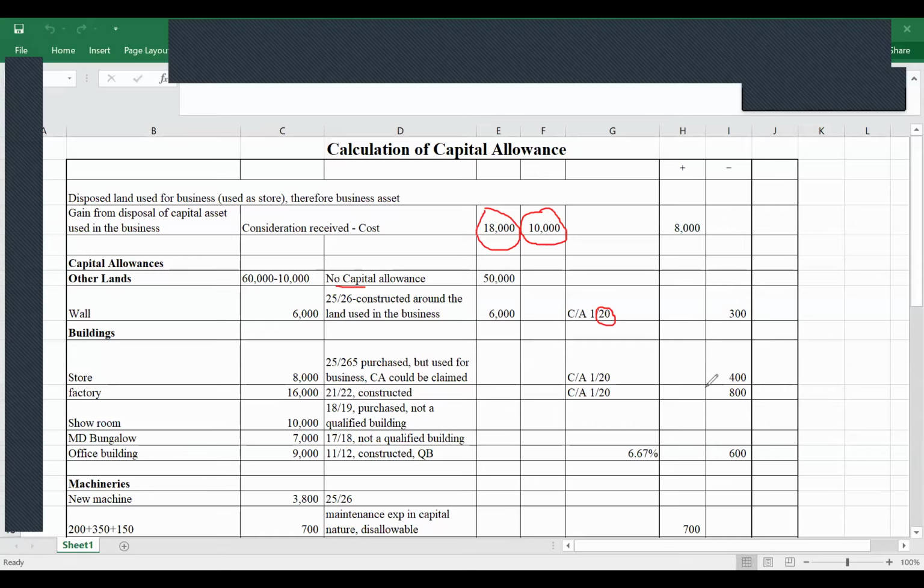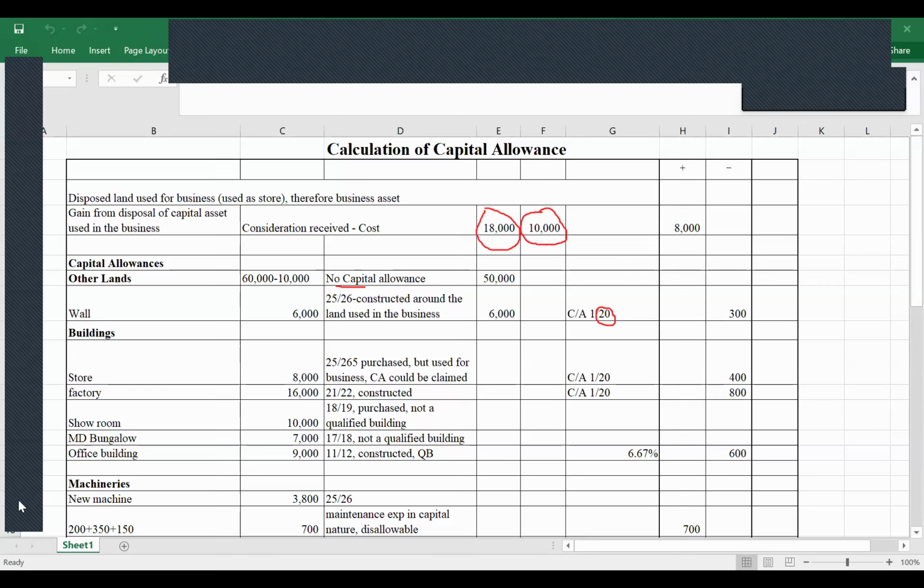Then the showroom that is purchased in the year of assessment 18-19. So we can grant capital allowances. If it were purchased during the year of assessment 17-18, the applicable act is the previous one, so capital allowances are not allowable, because we can only grant capital allowance to purchased assets that are a qualified payment.